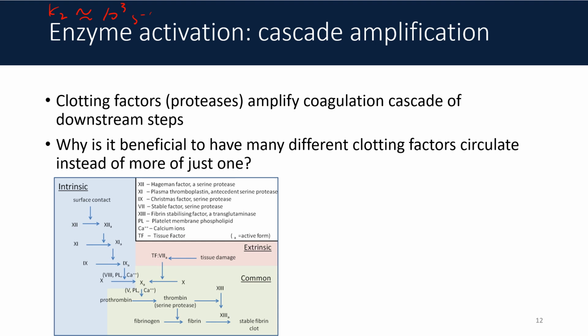So are there ways of improving thrombin's activity that don't involve making its mechanism better? Well, we can increase the active concentration of thrombin, and we can do that through our second strategy of enzyme activation, which is cascade amplification. And a nice example of that are clotting factors.